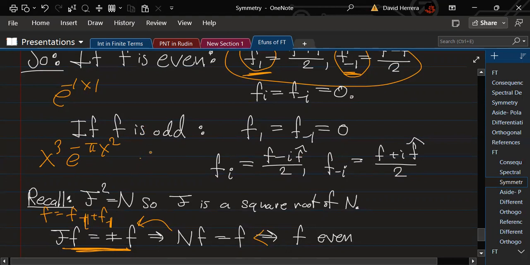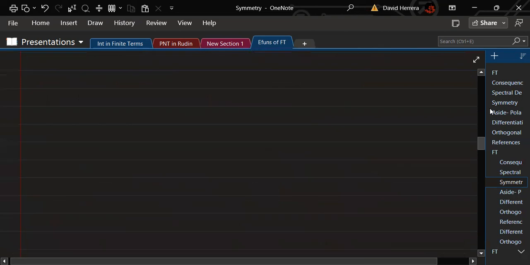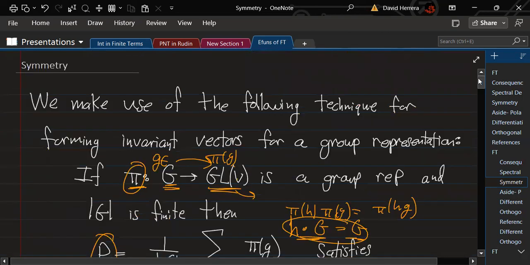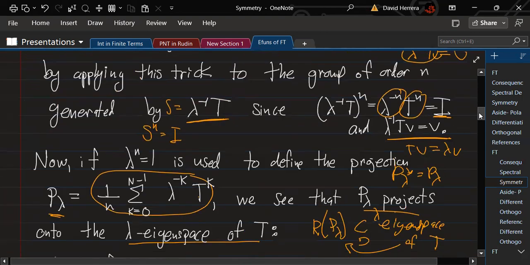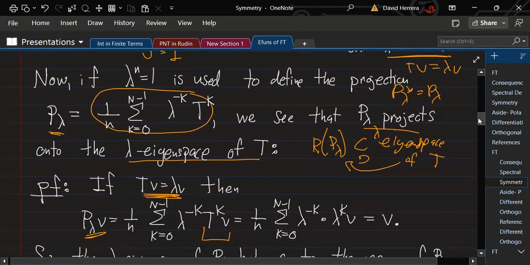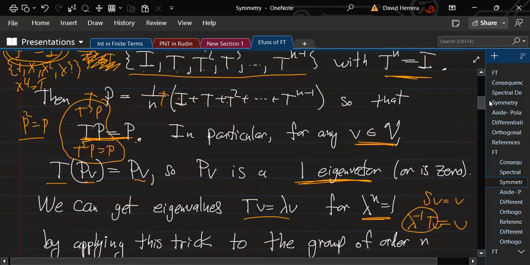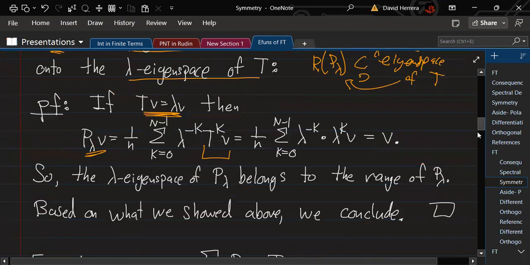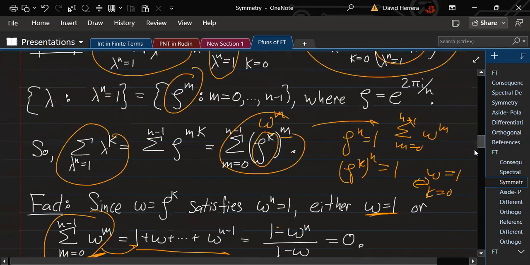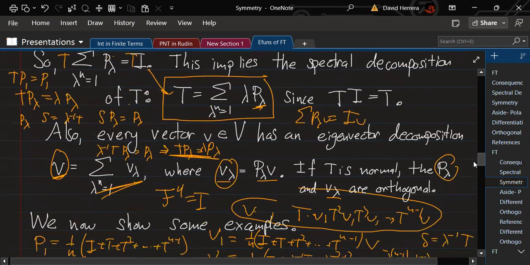So just for summary, we talked about some of the symmetries. We talked about how to find different eigenvalues for some kind of cyclic group of operators. And then we were able to give a spectral decomposition from it.